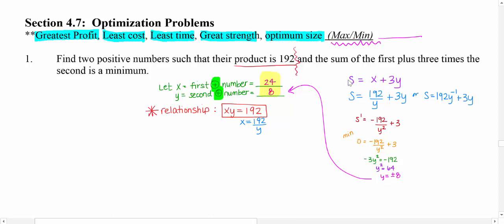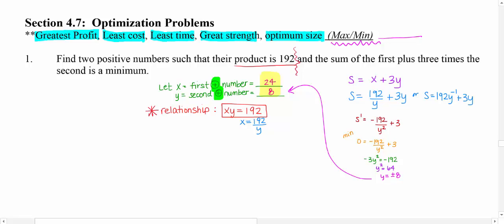So then I went over here to the right and I wrote my sum equation. Sum is x plus 3y. What that really is talking about is just my first plus 3 times the second is some summation, some sum here.